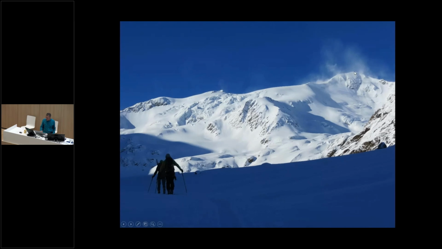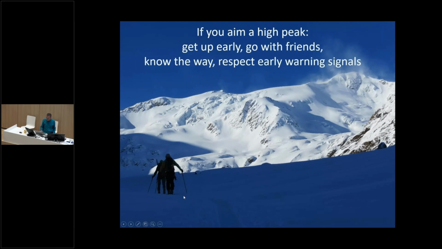You can imagine you want to go here. If you get up early, you see the blue hour. If you go with friends, if you know the way, it is here, going here, here, and then here. So it's no difficulty at all. It's a long way, but after 3 hours, you are on the peak.